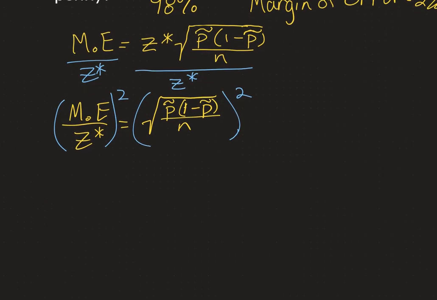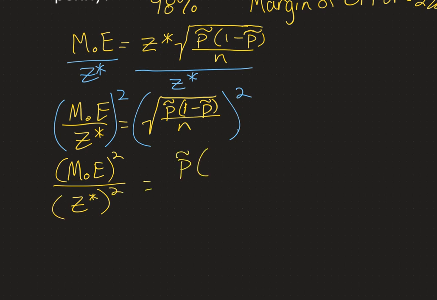All right, so that gives me my margin of error squared over my Z star squared equals my approximate P times 1 minus my approximate P divided by N.